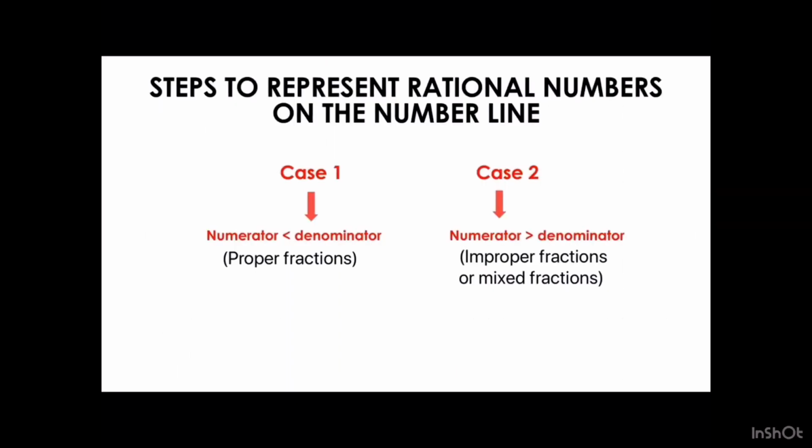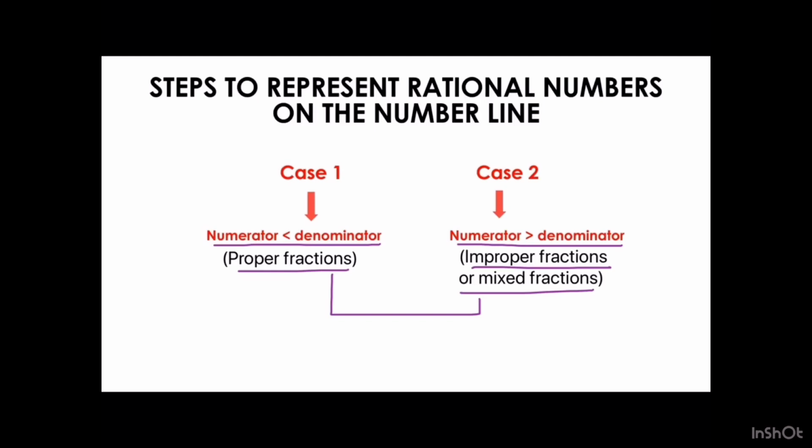Step 4. You need to identify whether the numbers given are proper fractions, that is numerator less than the denominator, or improper fractions or mixed fractions, that is numerator greater than the denominator. Dividing in these two groups will help you to locate the given numbers on a number line.